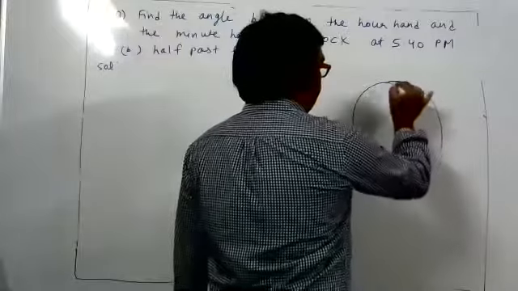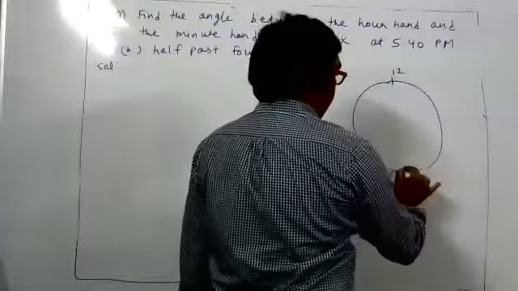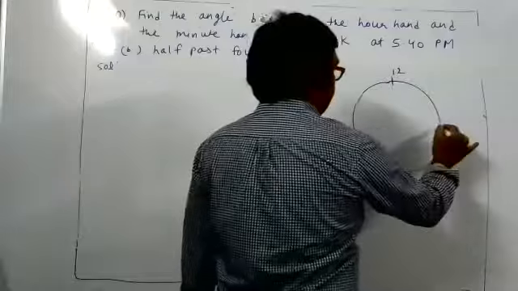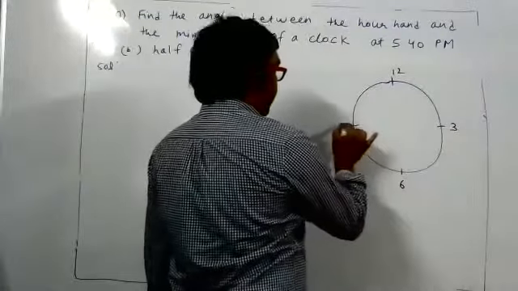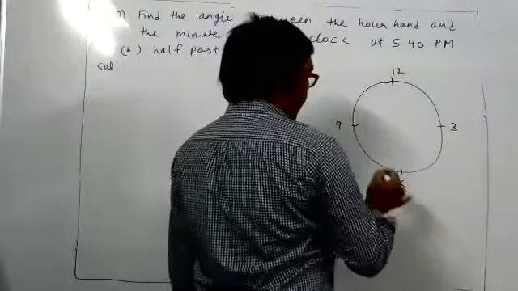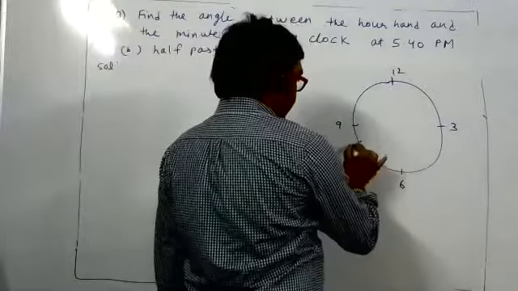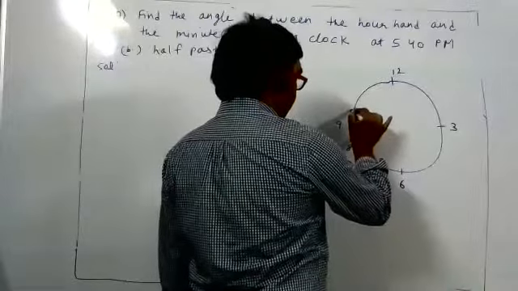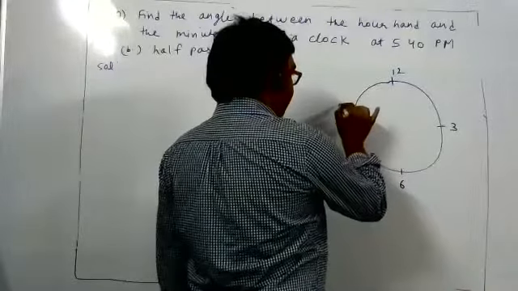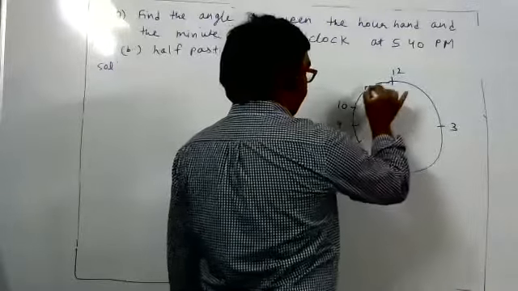This is the clock. 12, 6, 3, 9. Sir, it wouldn't be 90 degrees because there is some deviation. Yes, it would be less than 90, but we need the exact answer. We cannot approximate.